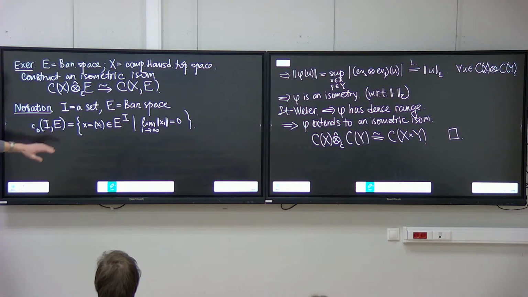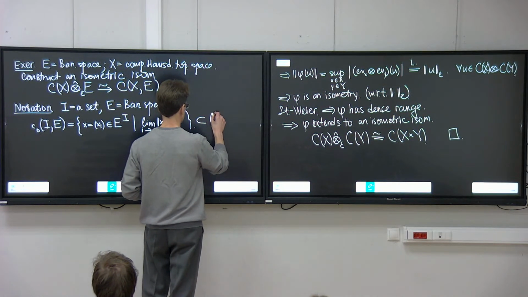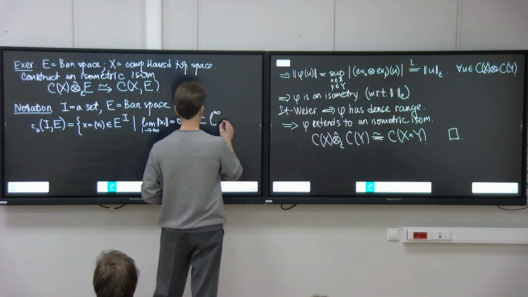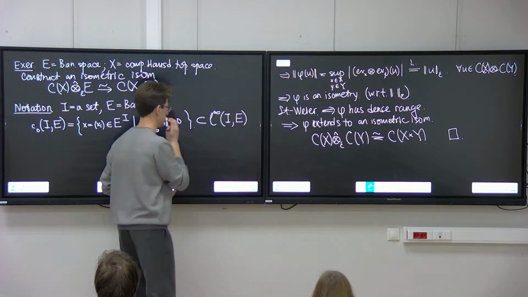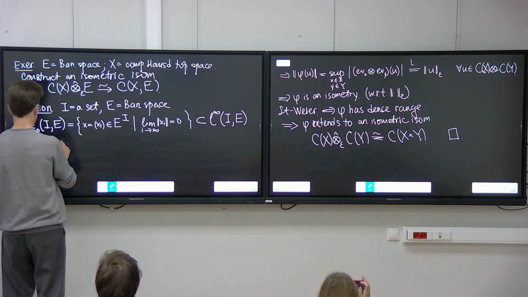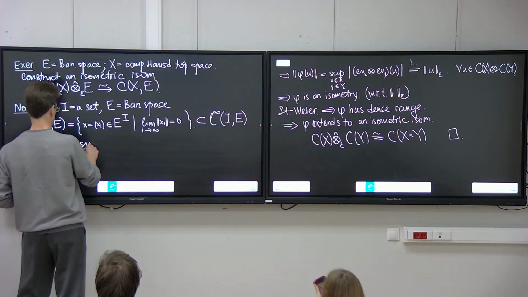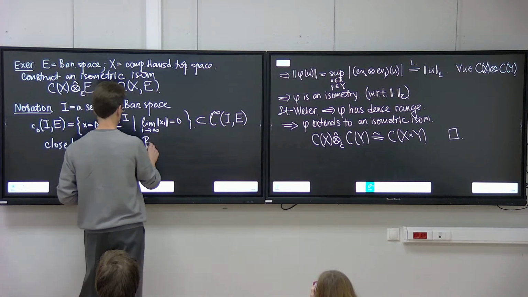So in some sense, this x vanishes at infinity. So this is a vector subspace. Actually, it's a closed vector subspace of the space of all bounded E-valued functions on I. So it is a Banach space for the supremum norm.